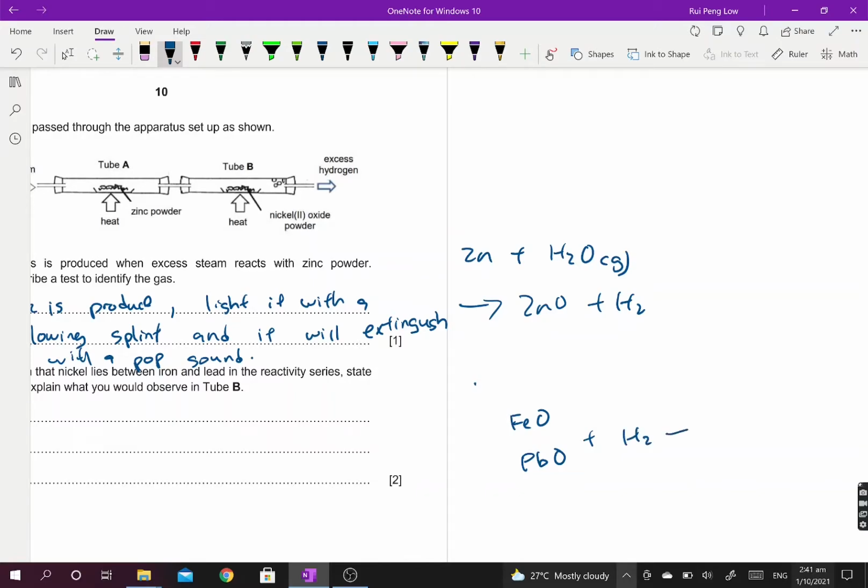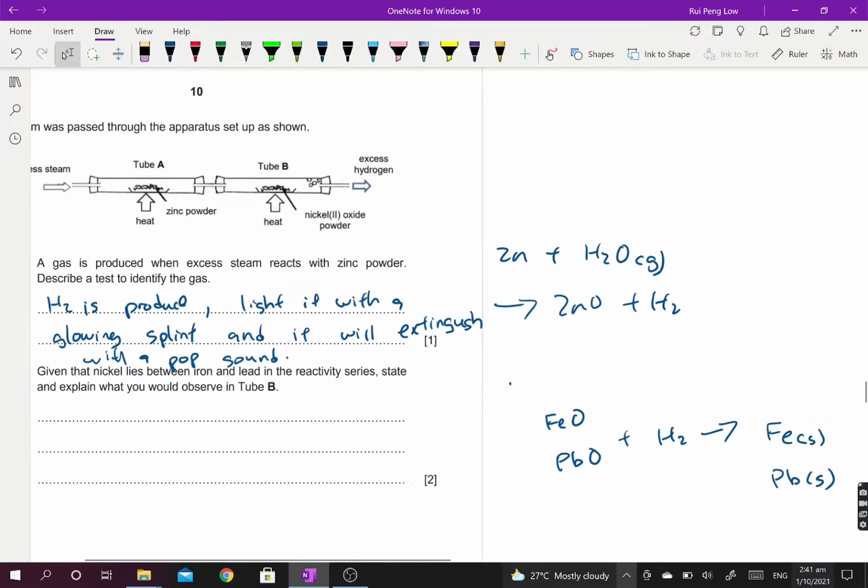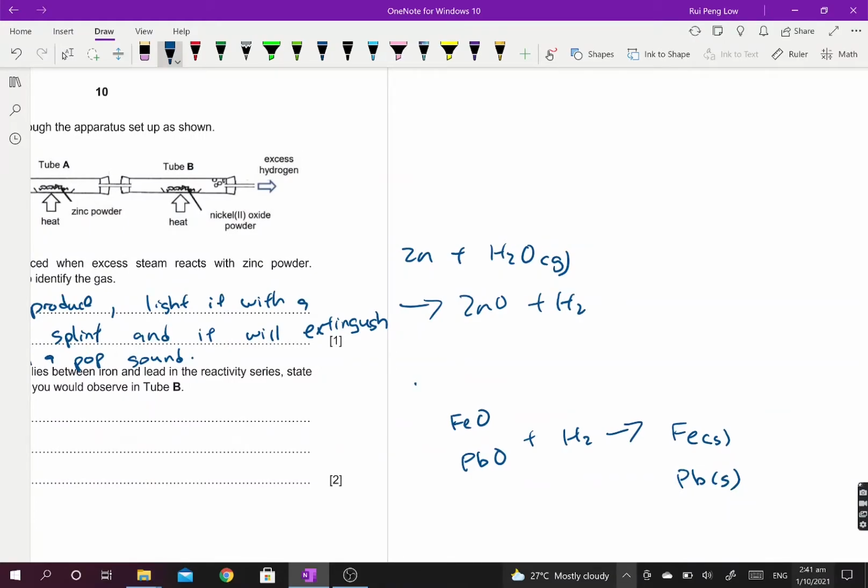Both of them will be able to be reduced to give you iron solid and lead solid. If nickel lies between these, it will also behave the same. That means the reactivity is somewhere in between, so it will also do the same.